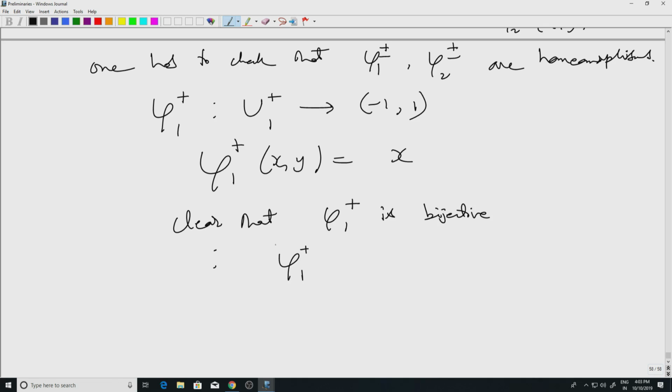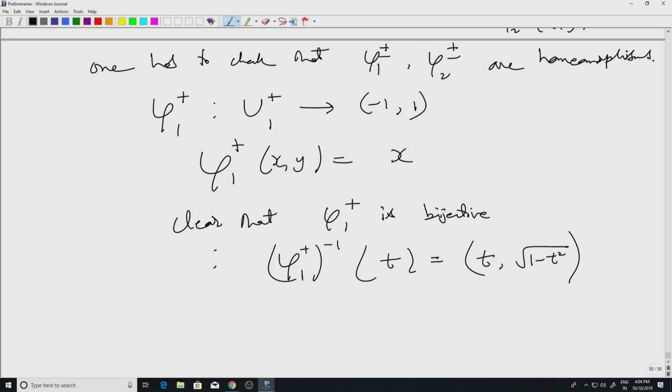Phi1 plus inverse acting on some real number t is just, so I am given the x coordinate, I would like to recover the unique point on the upper hemicircle corresponding to the x coordinate. So we know that the y coordinate has to be the square root of 1 minus t squared. The positive square root of 1 minus t squared will give me the point. So I have explicitly constructed an inverse.